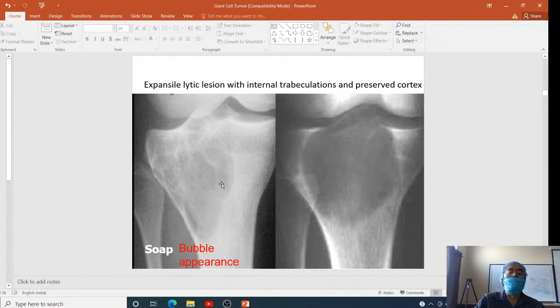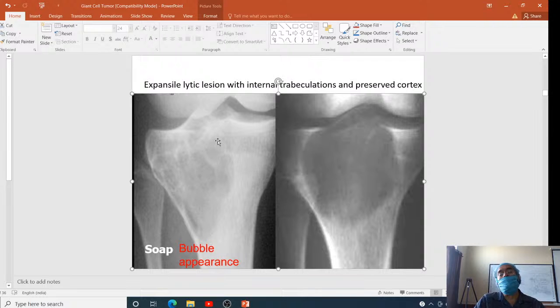See, these are calcified walls. If you touch and press them, you will feel that eggshell crackling. Initially you will have a picture like this, and later on, with extension of the tumor all around, the picture may be like this.